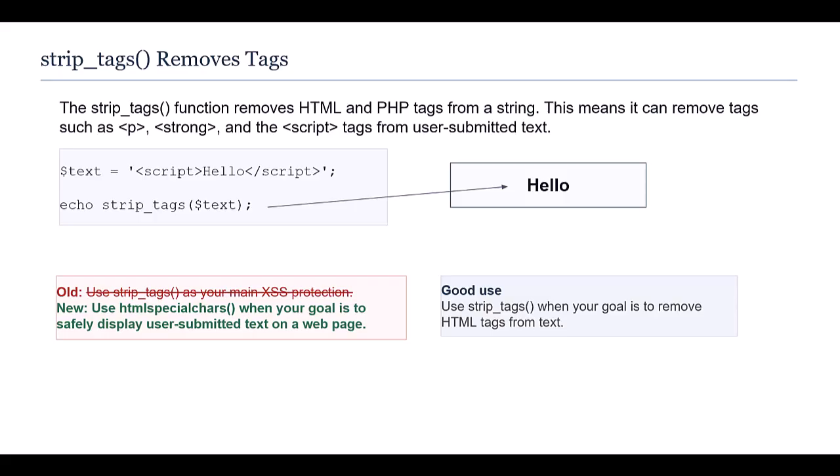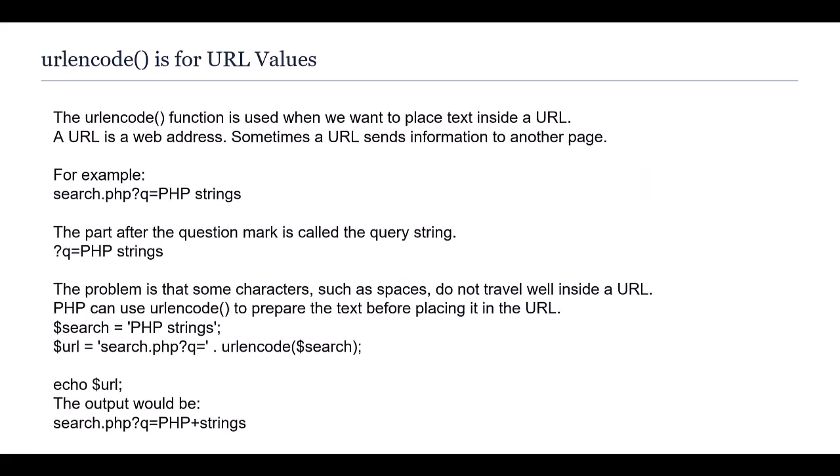It removes tags, but it does not make all user input safe. Use strip_tags when your goal is to remove HTML or PHP tags from text. When your goal is to safely display user-submitted text in HTML, use the htmlspecialchars function.